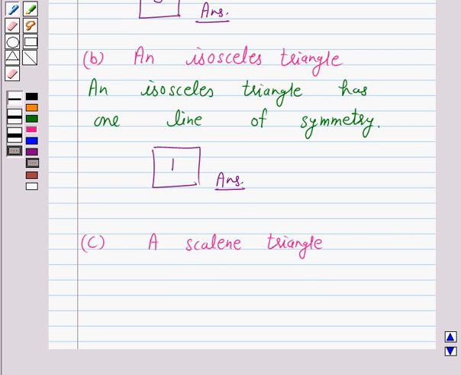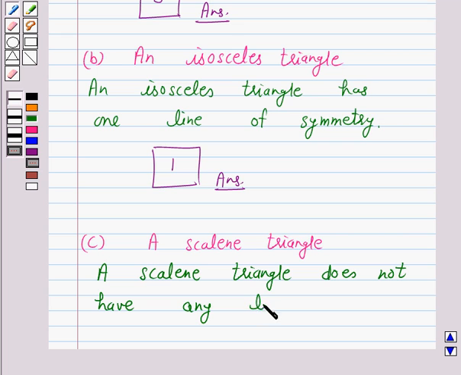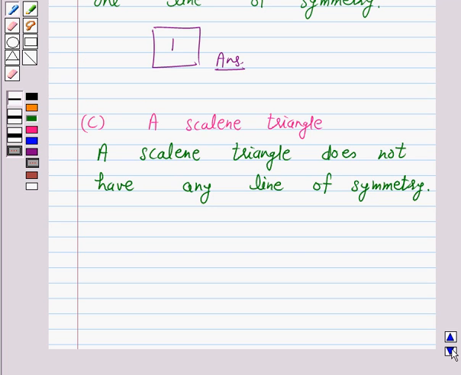Hence, a scalene triangle does not have any line of symmetry. That is, the number of lines of symmetry for a scalene triangle is 0. So, this is the answer for part C.